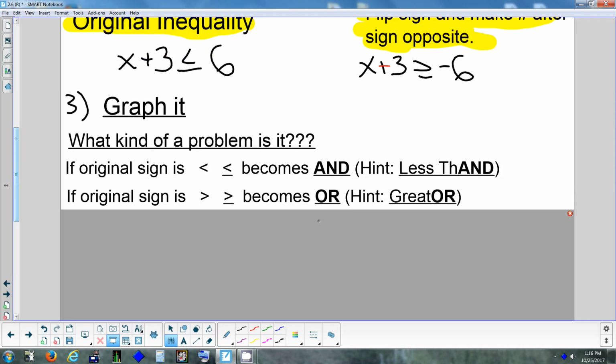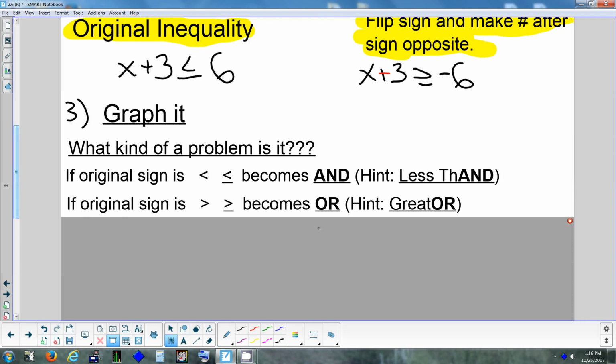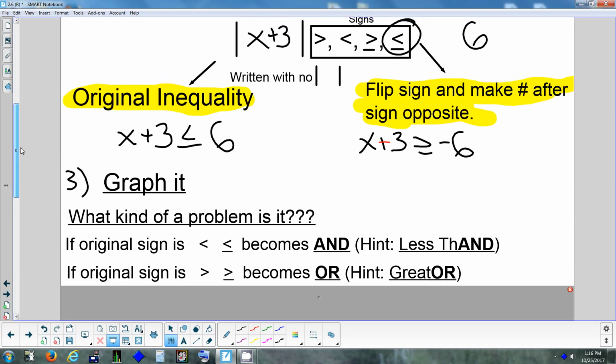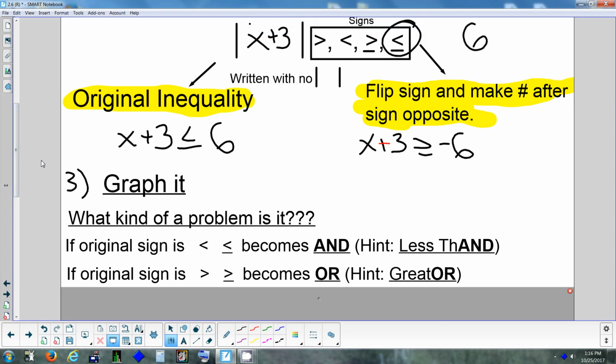So if we go back up to the example that we wrote, we have to look at the original sign in the original inequality, the one that we looked at to split. Here's our original right here, and I just circled the sign I wanted to use. Connor, what sign is that?